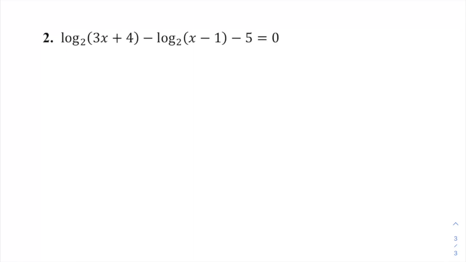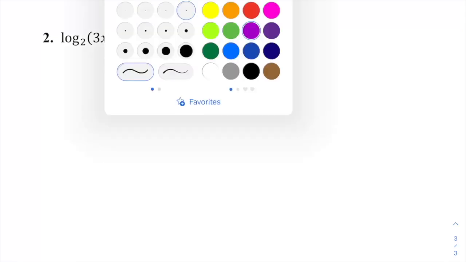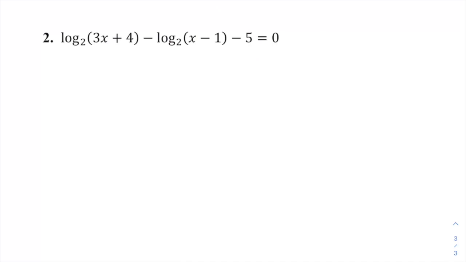We've got log base 2 of 3x plus 4 minus log base 2 of x minus 1, minus 5, equals 0. Now in this case, hopefully you're developing a sense for how these are going to go. I've got log base 2 minus another log base 2.